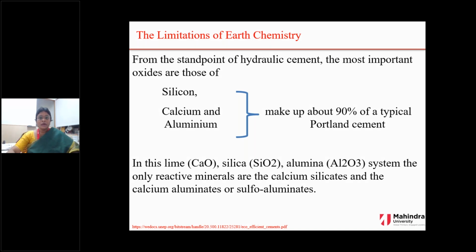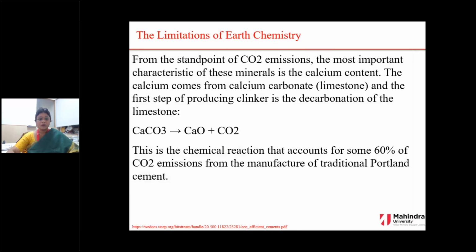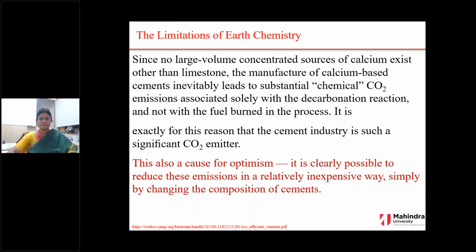We all know the problem with concrete is the chemical reaction which I have shown in the slide, which accounts for 60% of the CO2 emission while manufacturing Portland cement. That is related to producing the clinker. And we all know that no large-volume concentrated source of calcium other than limestone is available.